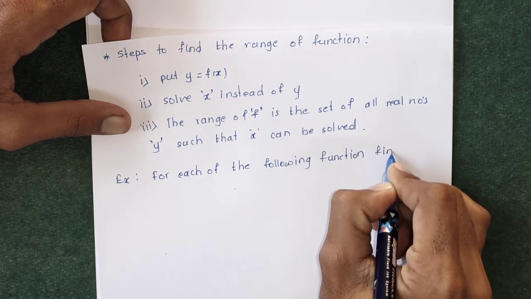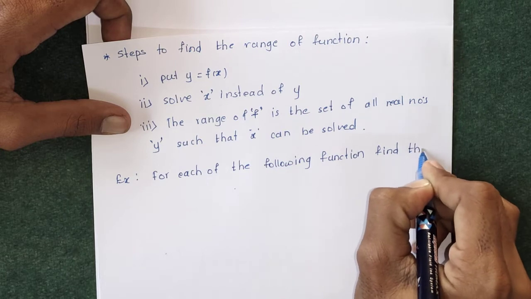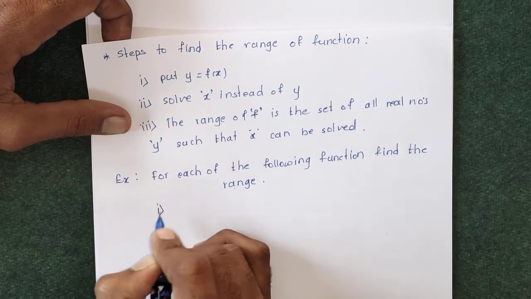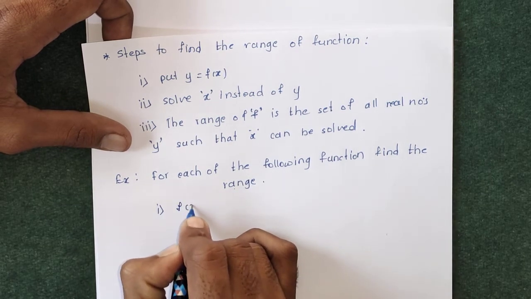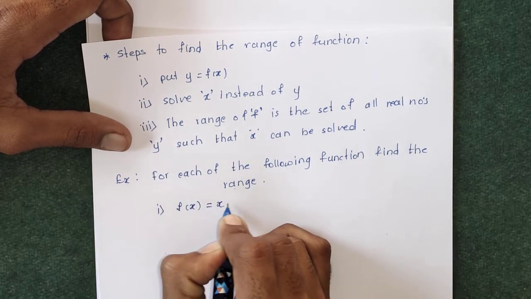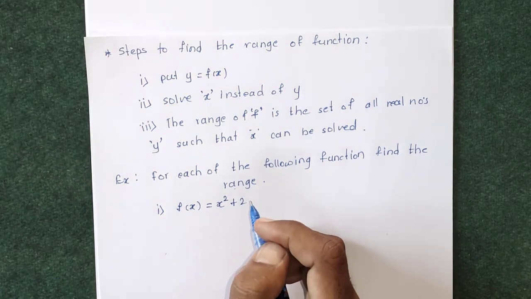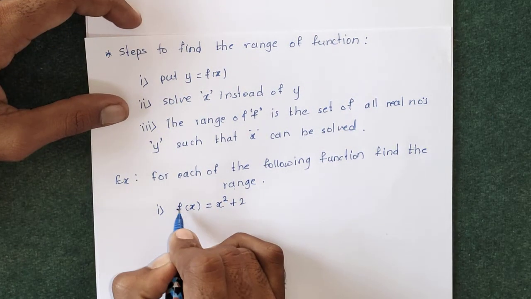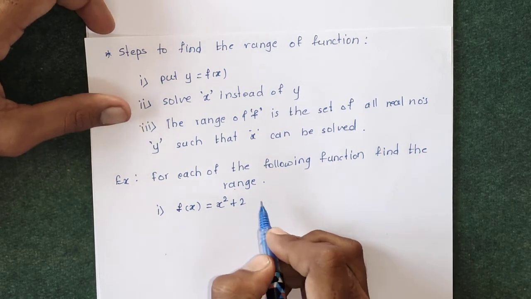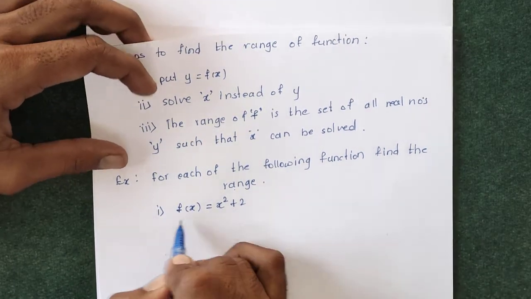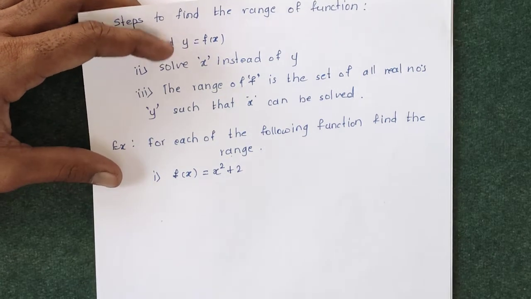The first function is f of x equals x square plus 2. We have not been given any domain or codomain, so we have to find the range in real numbers. So, here f of x equals x square plus 2.